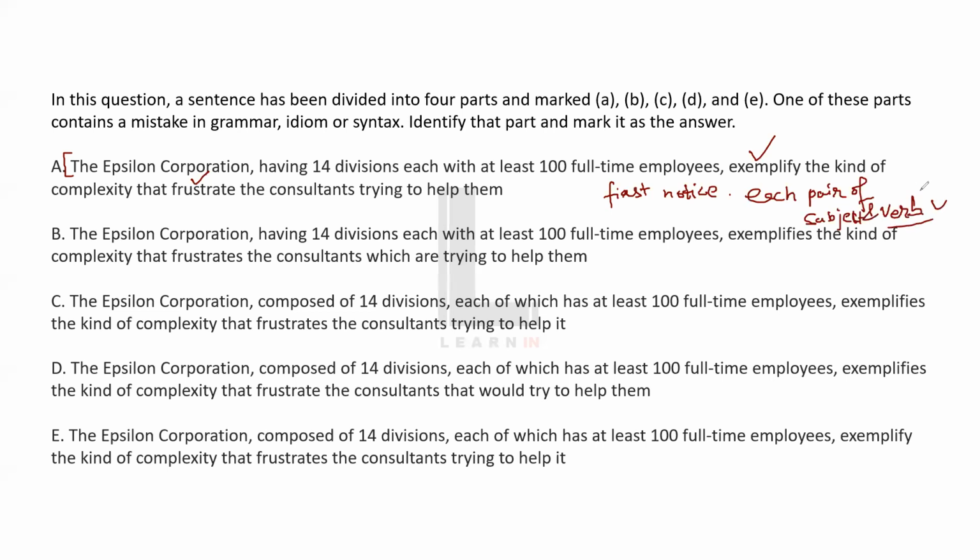First notice, this is the process, right? Now, someone of you would say we could separate them all: silent cooperation, exemplify, frustrate the consultants. So we could have said frustrate, kind, epsilon, exemplify. Now, this is not the process, right?